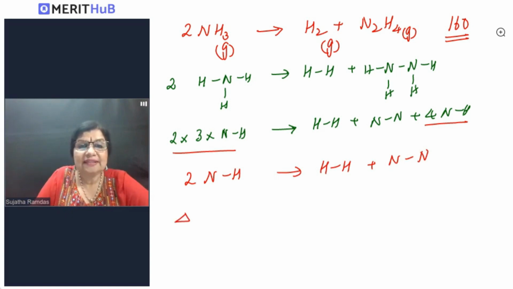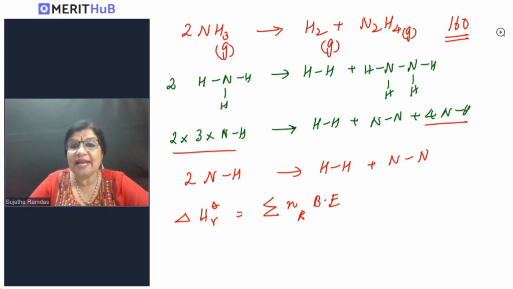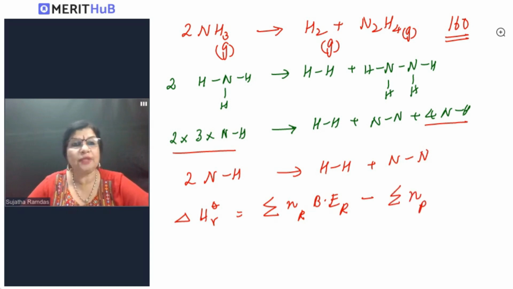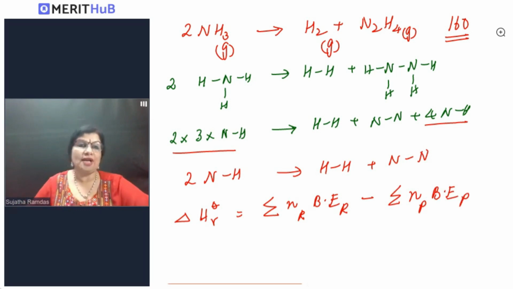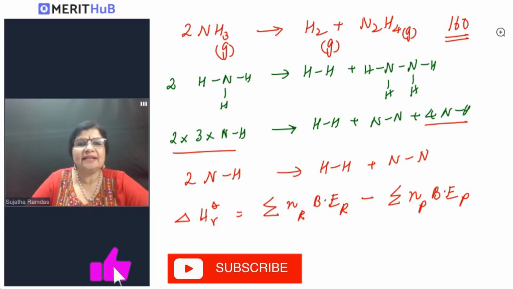Okay, so the enthalpy of this reaction is equal to the summation of the number of moles of reactants into the total bond energy or enthalpy of the reactants, minus the summation of the number of moles of the products into the total average bond enthalpy of the products. Right? Now let's substitute. We know that the enthalpy of the reaction is 160.